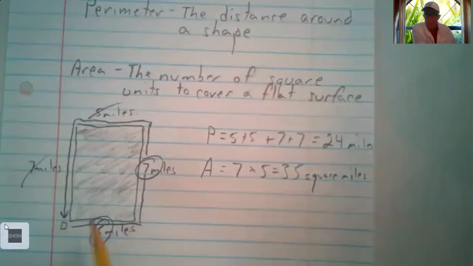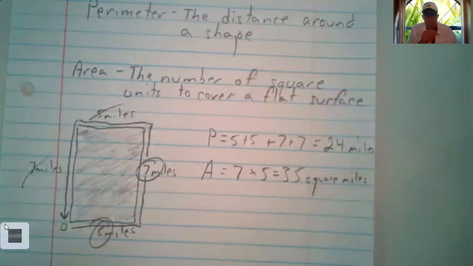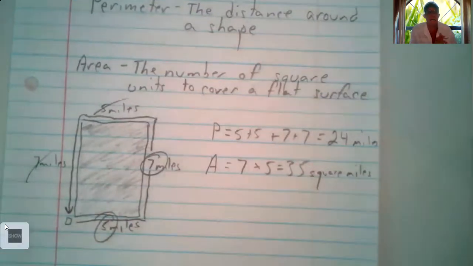All those squares you saw on the grid paper would be square miles, a mile this way, a mile that way. So that's a lot of area. 35 square miles. Those big cats have a lot of places to roam.